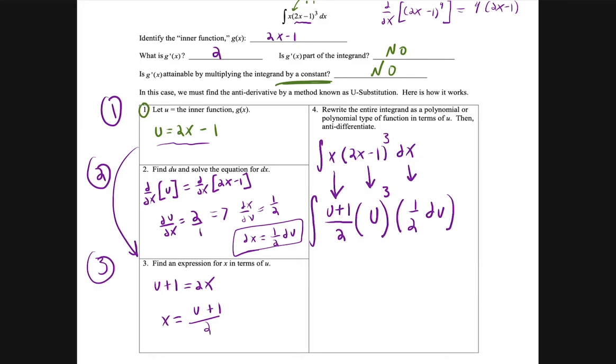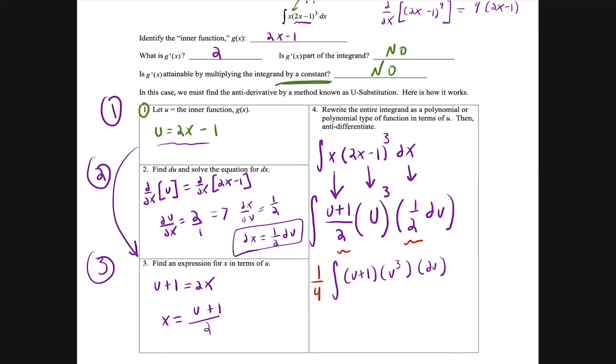The reason this is super helpful is that because it's just u cubed, I can just multiply all this stuff out. So we have this 1/2 and this divided by 2. I'm going to make our life easy. I'm going to bring this out as 1/4. So we have 1/4 times the integral of u plus 1 times u cubed times du.